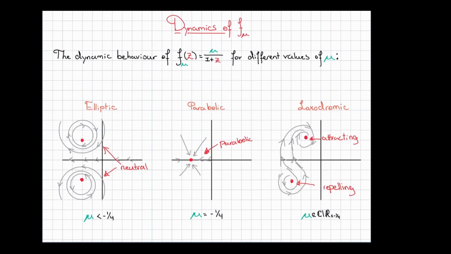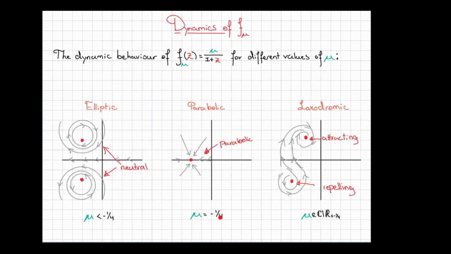So if you start iterating this Möbius transformation, if mu is a real parameter that's strictly less than -1/4, then the Möbius transformation is conjugate to a rotation. So it has two neutral fixed points, and if you iterate this Möbius transformation, it's conjugate to a rotation around these fixed points.